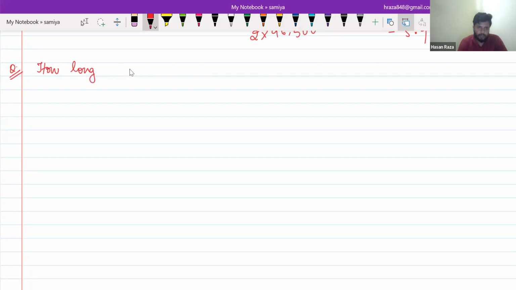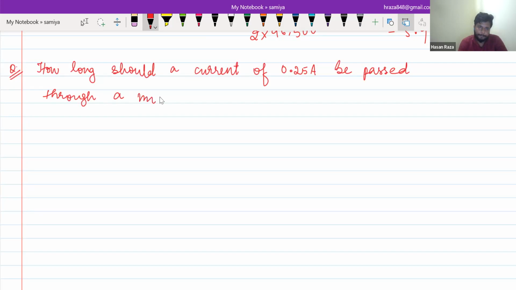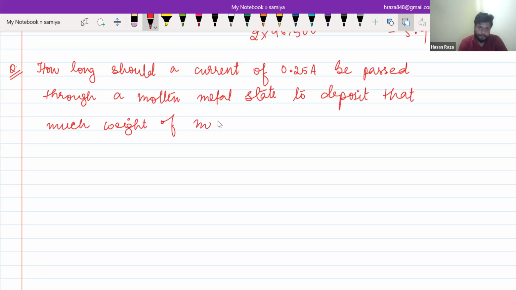How long should a current of 0.25 ampere be passed through a molten metal state to deposit that much weight of metal, which is equal to its electrochemical equivalence?